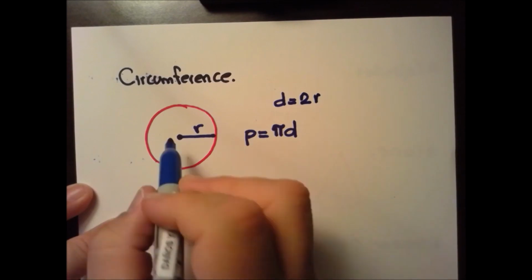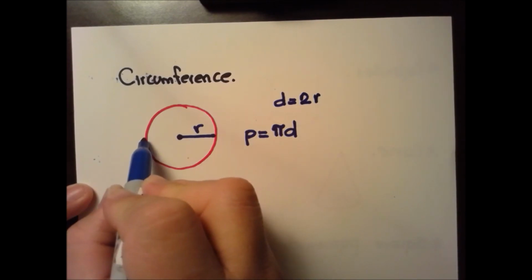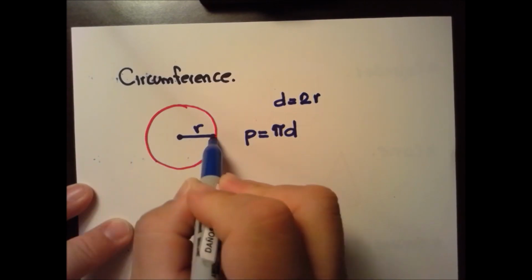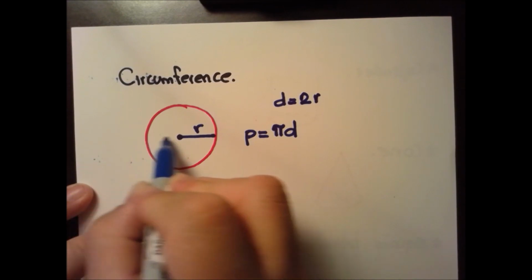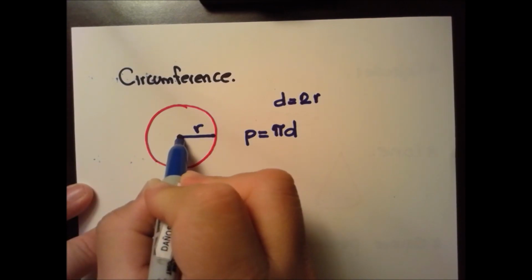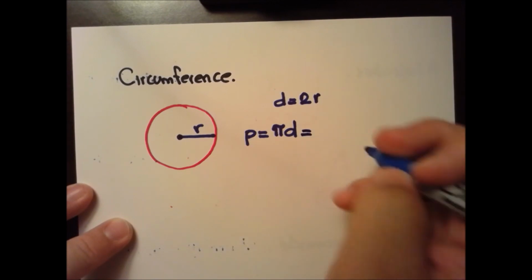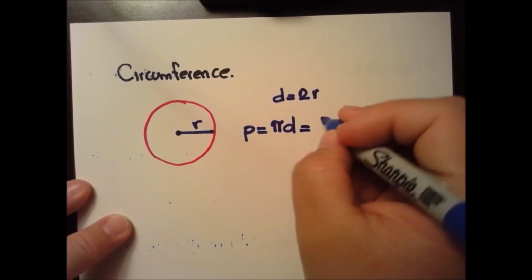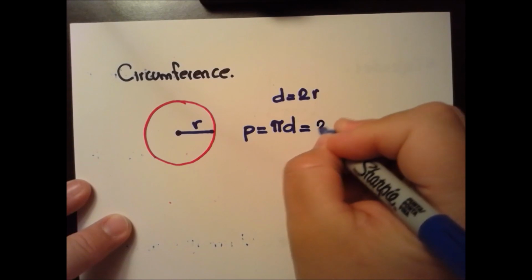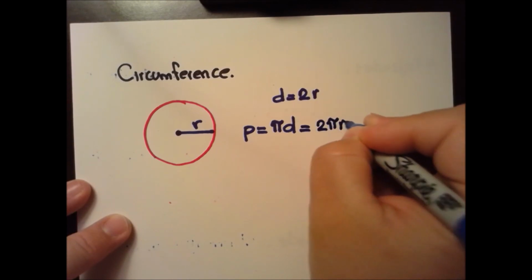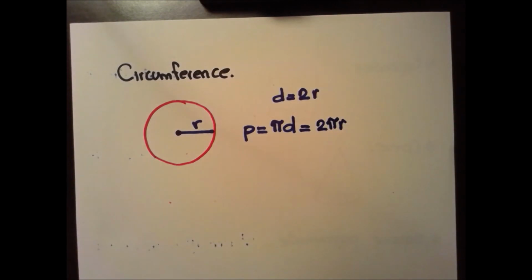It means the diameter is the distance from this point to this point, from side to side, passing through the center. So another way to calculate the perimeter is 2 times pi times the radius. And these are 2 ways to calculate the circumference of a circle.